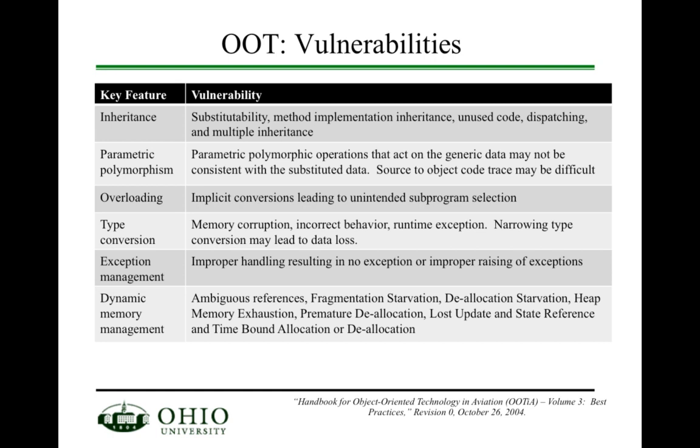There is a ton of different vulnerabilities there which make the use of an object-oriented language, the use of object-oriented technology, maybe not necessarily that suitable for certain safety-critical applications. So what you have to do is make sure that when you use some of these key features, you somehow can control this vulnerability, and this can be done very simply. You can easily say, well, this is a feature I'm not going to use, or if I use it, I control it very well.